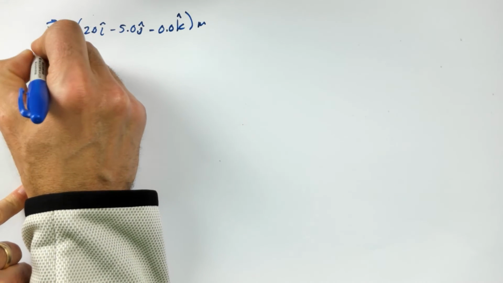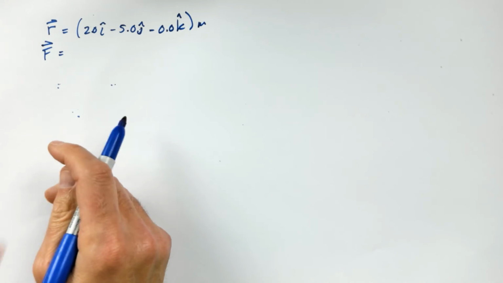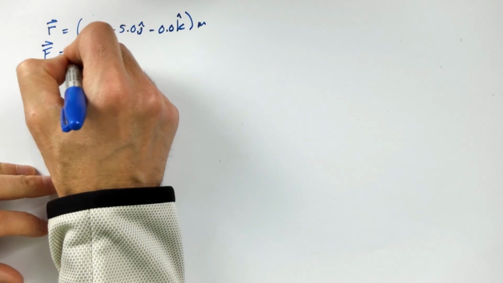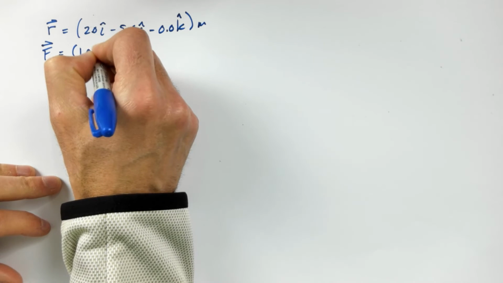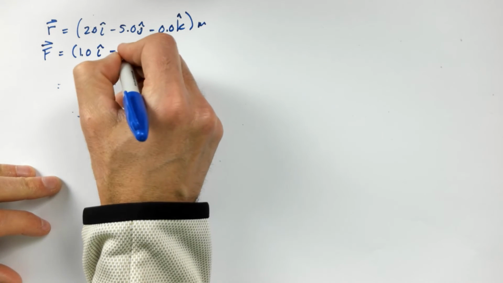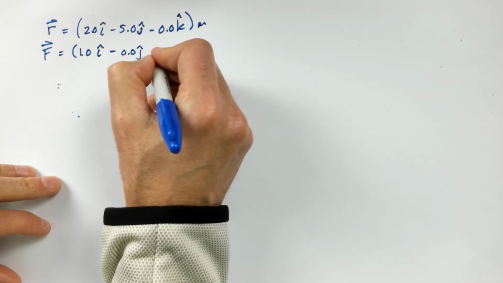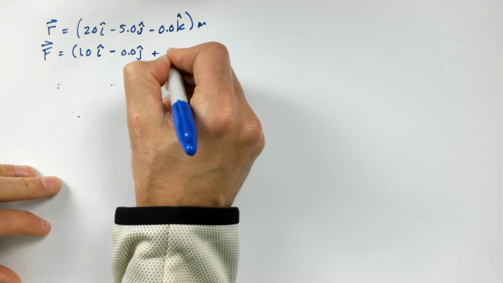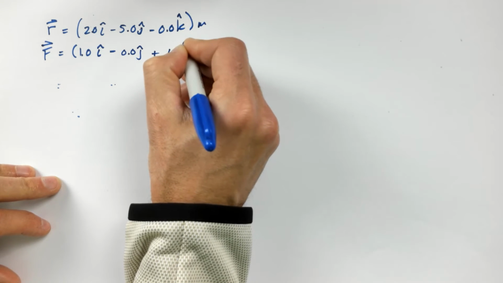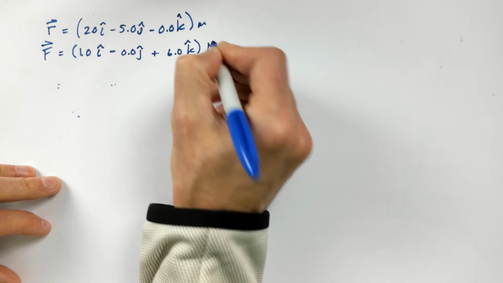And we have a force vector that is equal to 1.0 I minus 0.0 J plus 6.0 K hat. And this is in newtons.